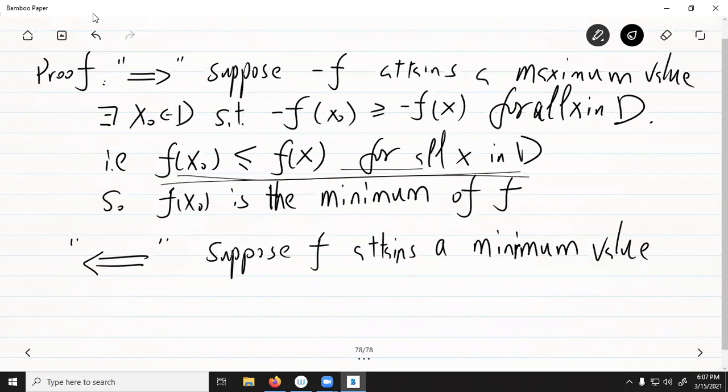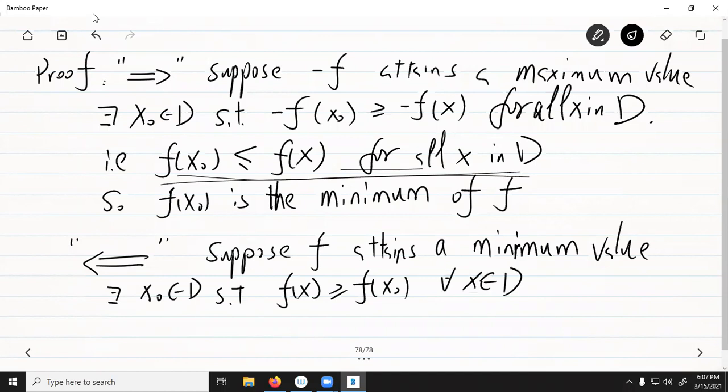In other words, there exists x0 in the domain D such that f of x is greater than or equal to f of x0 for any x in its domain. Let's multiply -1 on both sides. Negative f of x would be less than or equal to negative f of x0 for all x in the domain D.